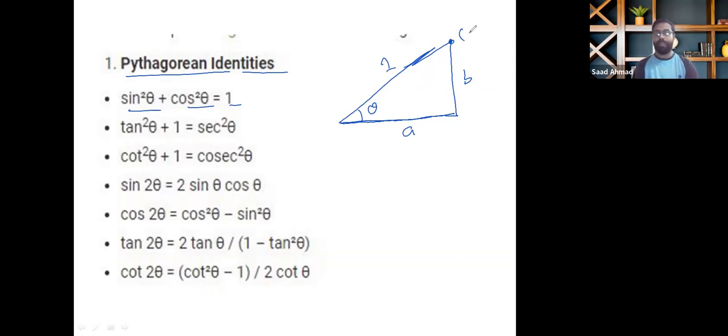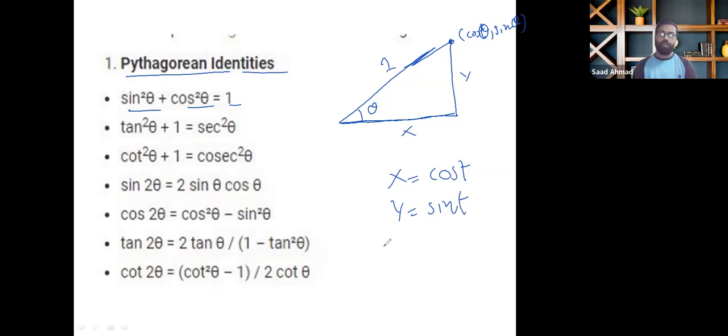We know that we call them cos of theta and sine of theta. We just saw that if this length is x and this length is y, then x equals cos of t and y equals sine of t. We have already shown this before.